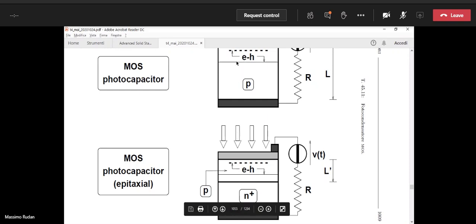The difference is that in the first example, the standard photocapacitor, we have that the inversion layer disappears because of the combined effect of diffusion and recombination. In this other case, we have a boundary condition for the electron that is very, very close to the interface, a few microns, okay?